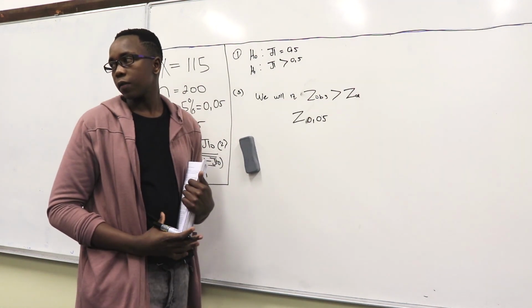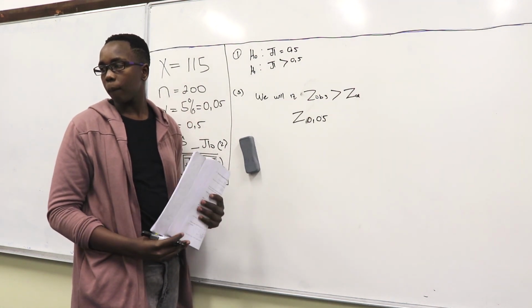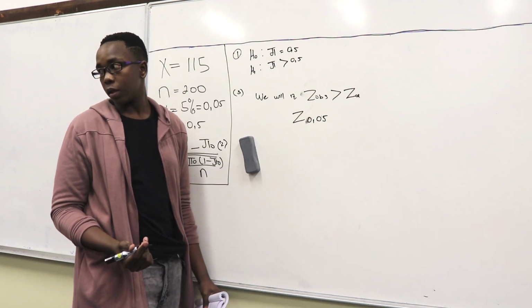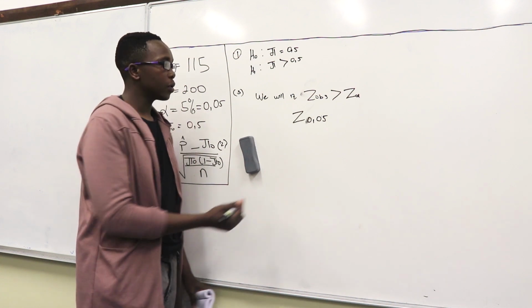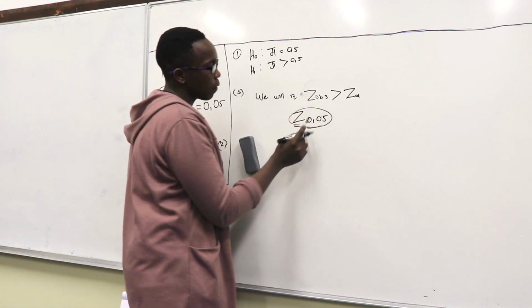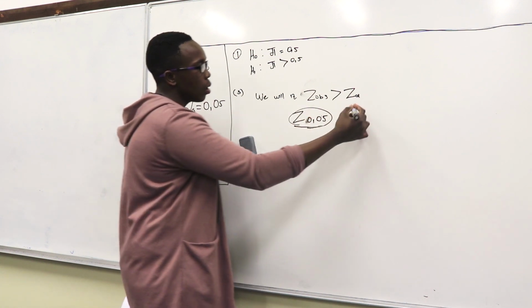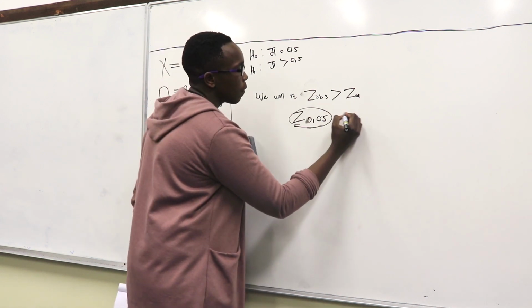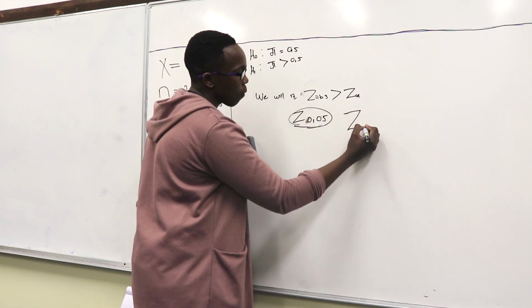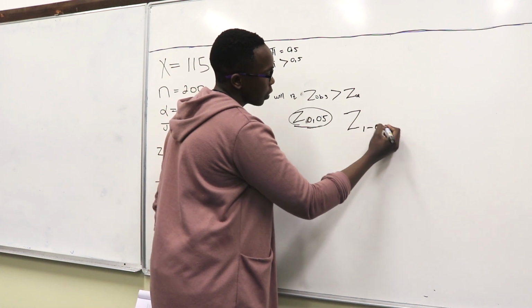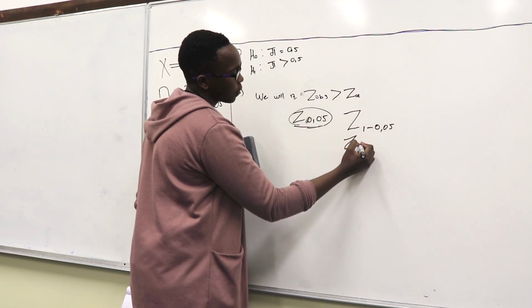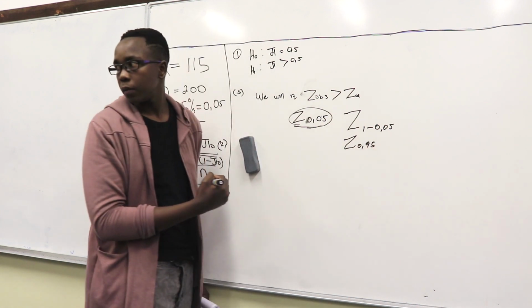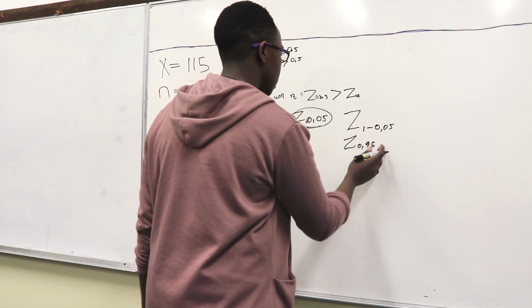So can you check z of 0.05 in our z table? It's not there. Since we don't have the z of 0.05 in our z table, we'll find the inverse. I don't know if it's safe to call it that. So we'll find the z of 1 minus 0.05, which is z of 0.95.